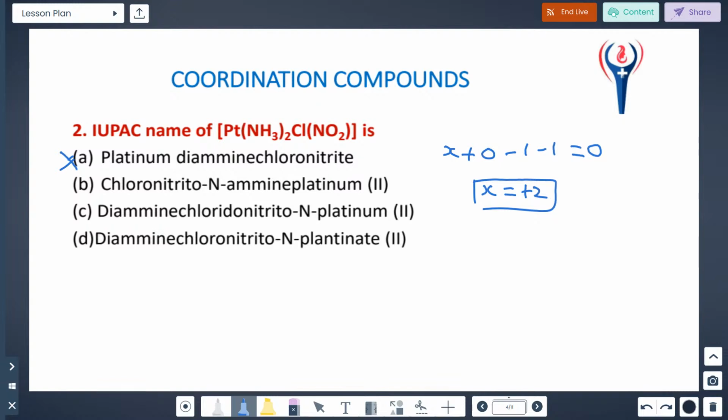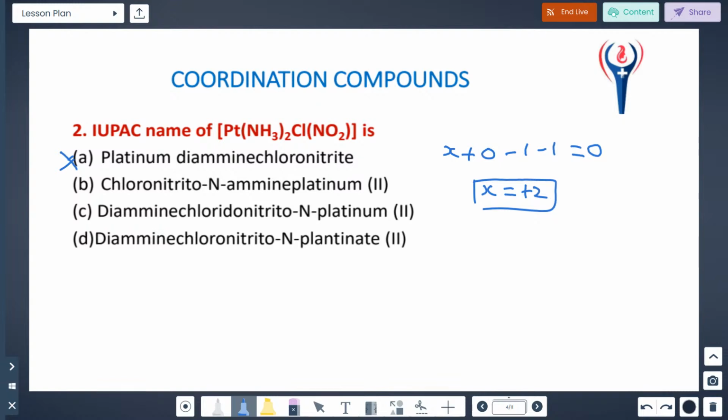We have 2 amine, so diamine, chlorido. This NO2 is an ambidentate ligand. Nitrogen is the donor atom, so I say nitrato-N.